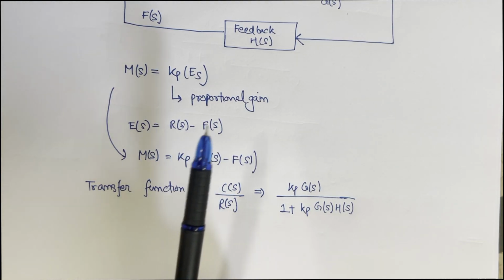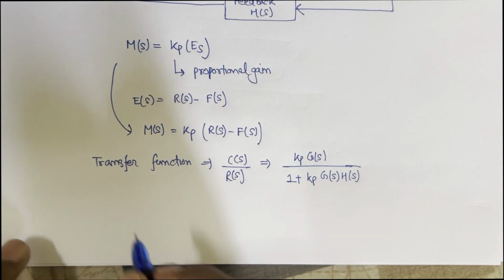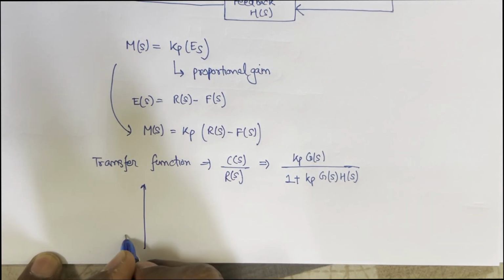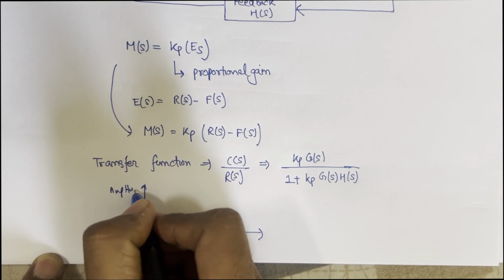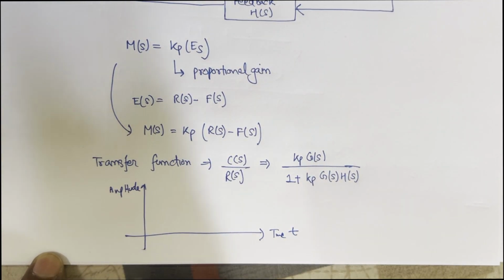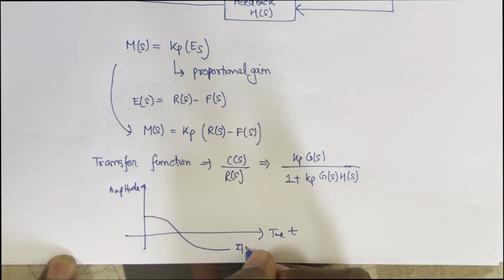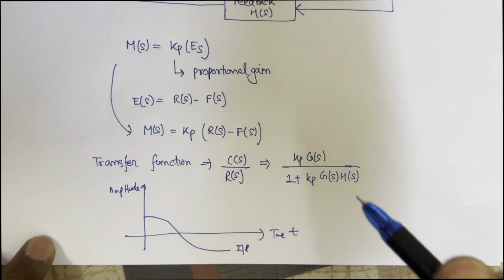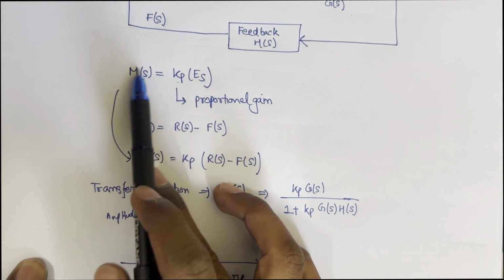And the shape of the output of the proportional controller is the same as the input to the controller. We can see this using a graph, with amplitude and time t, and this is our input to the controller. As we have seen, Kp is directly multiplied with the input and this is the output.